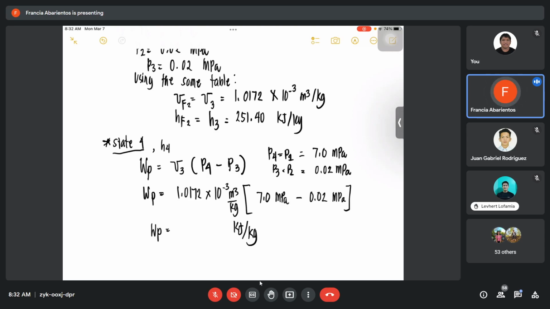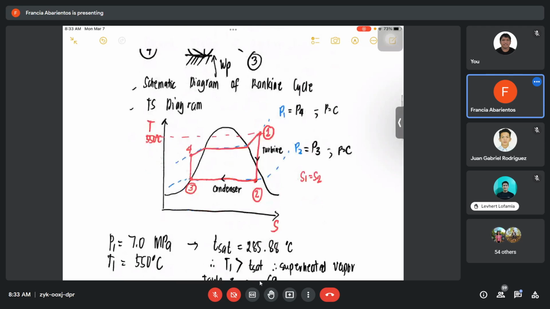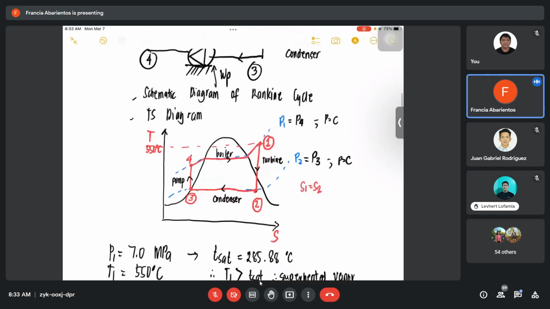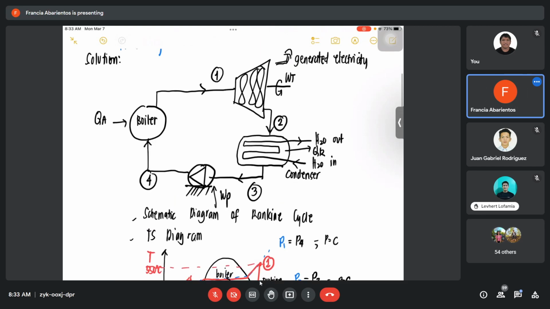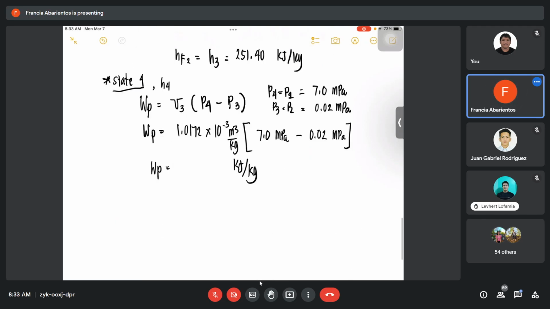What is now the work of the pump, given the different pressures? The different properties are mixed up, so you should know what is happening there. 4 to 3, we have the pump here. And 4 to 1 is the boiler. That is where the boiler happens. So, what is now the work of the pump?